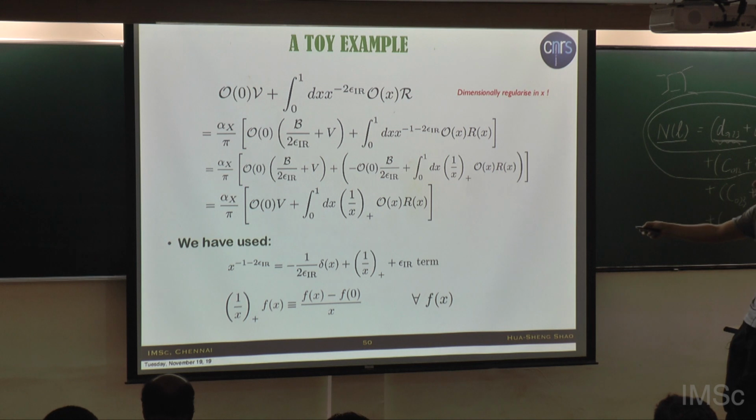Then you see that the poles cancel, b over 2 epsilon and minus b over 2 epsilon. I remain with O(0) times the virtual plus the final plus function piece. The plus function means that for any test function, I subtract the endpoint to make the integration over x finite.